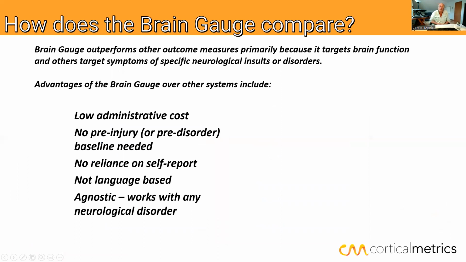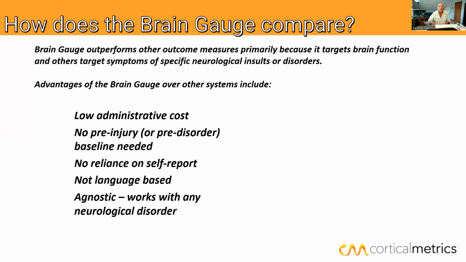The brain gauge is doing very well when compared to other methods. And that makes us pretty popular with a lot of people and pretty unpopular with a small amount of people. They're not really happy that we do well, but we are doing well in research studies. And we outperform the other outcome measures for one particular reason: it's physiologically based and we target brain function.